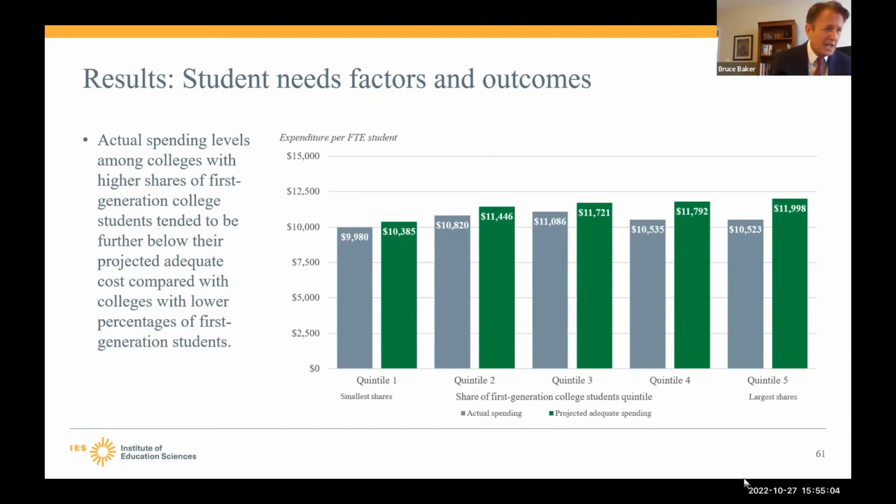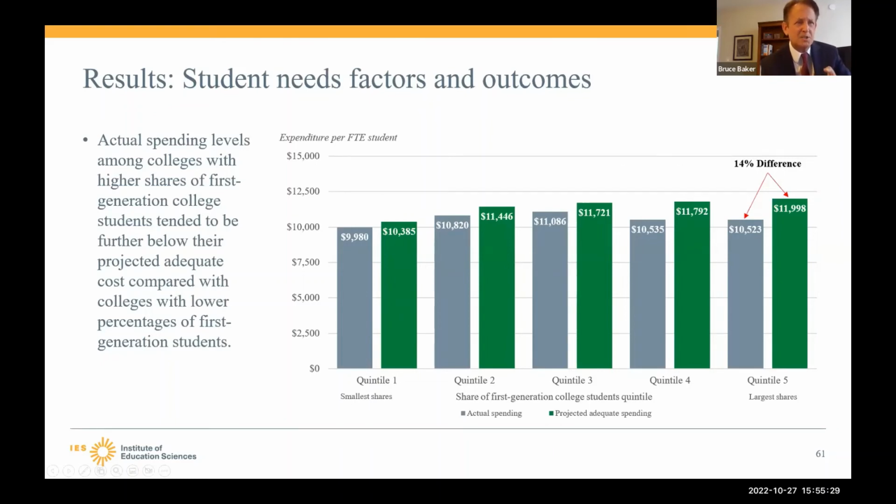But if you look at the grayish bars, you can see that the institutions with the largest shares of first-gen students, the highest need, do not have systematically more funding. They actually have slightly less existing spending, and their gaps between existing spending and need are bigger.